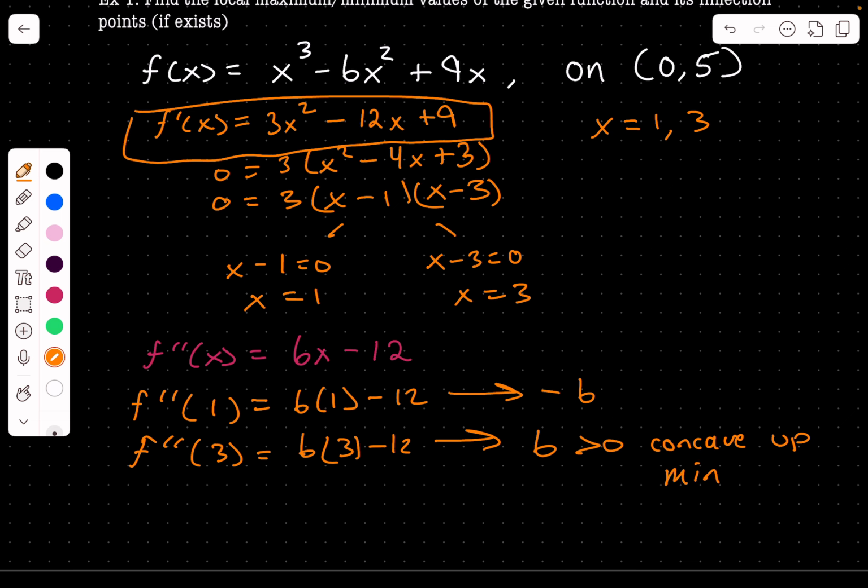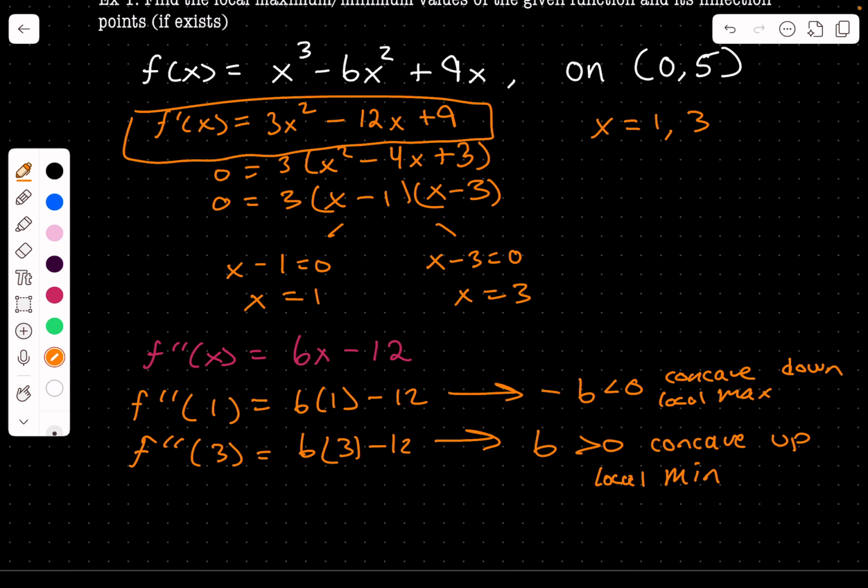Our rel min, our local min, however you want to call it. Then this guy is less than 0, therefore it's going to be concave down. Sad face. Where we have our local max.